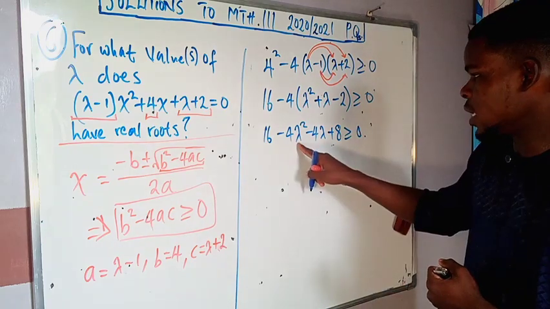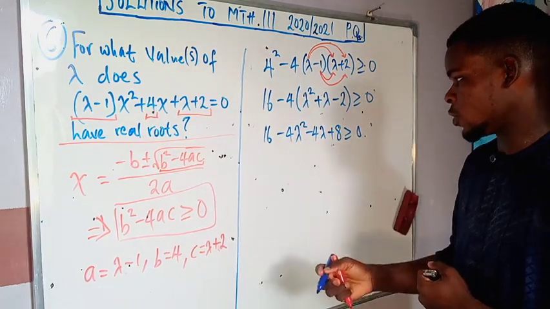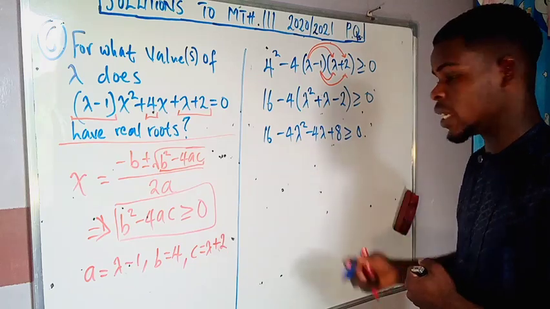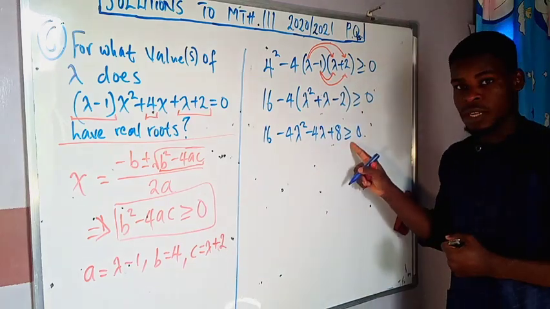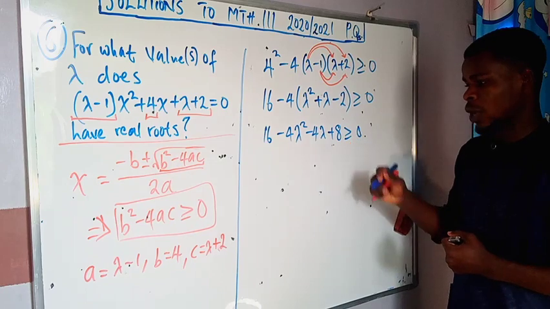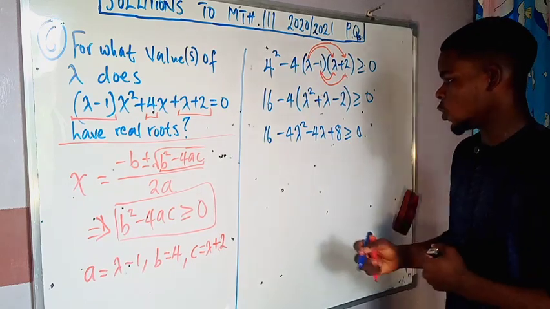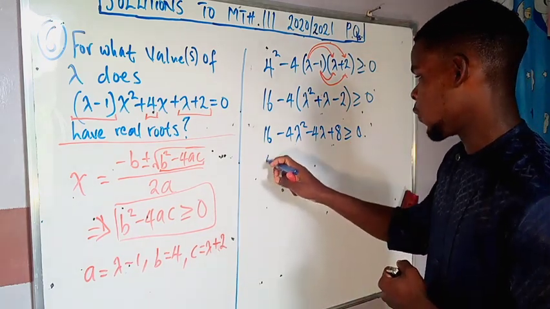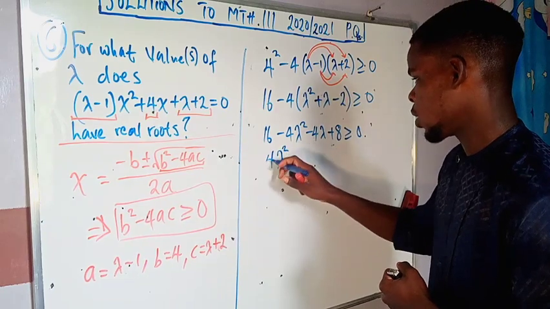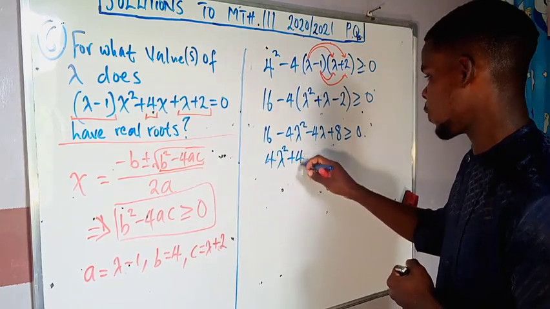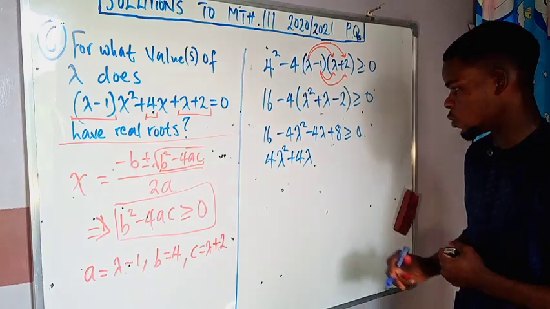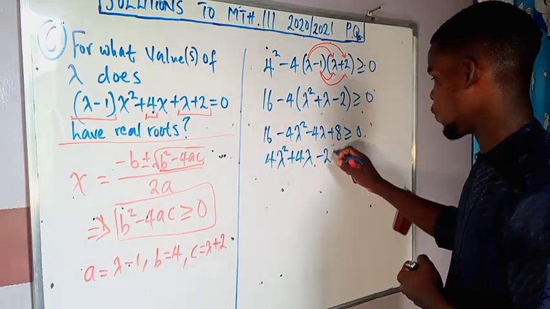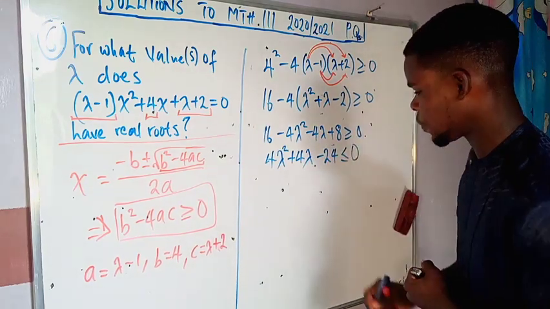The reason is I want the lambda squared to stand in front and be positive. Keeping in mind that this is greater than or equal to 0, we are going to change the order of the inequality. That means we're going to have 4 lambda squared plus 4 lambda, and then this plus that gives us negative 24, less than or equal to 0.